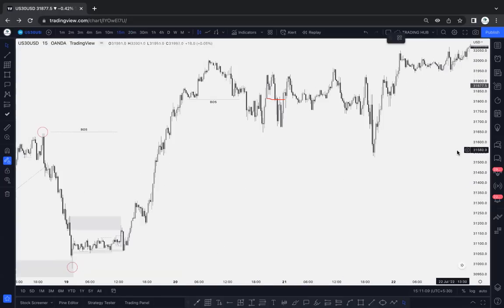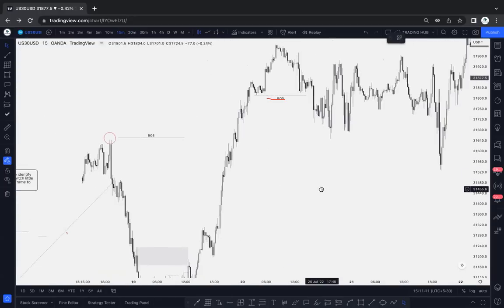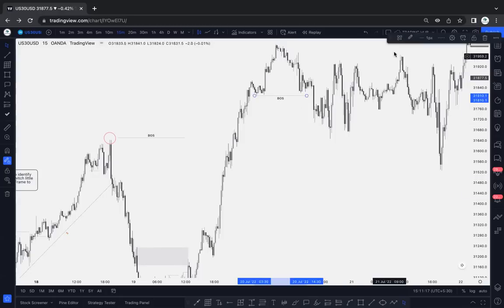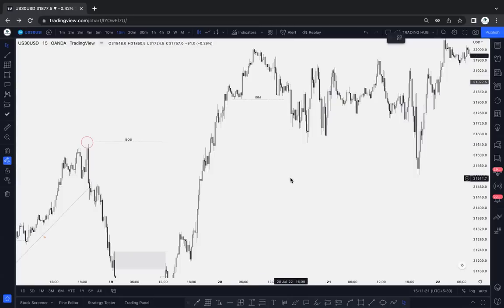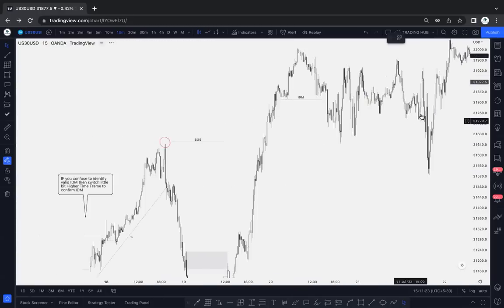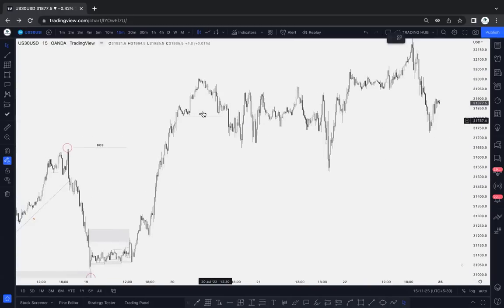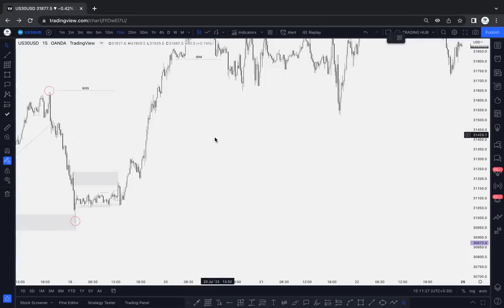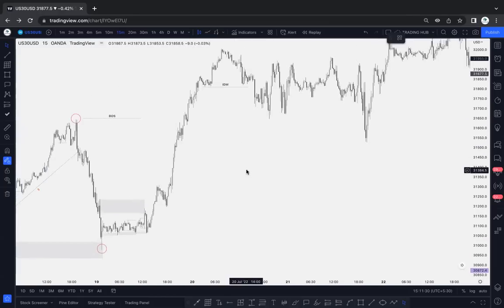Now switch to 20 minutes, then we can see a clean picture here. This is our inducement, and then the market pushes downside. After taking out this inducement, where is our engineering liquidity?